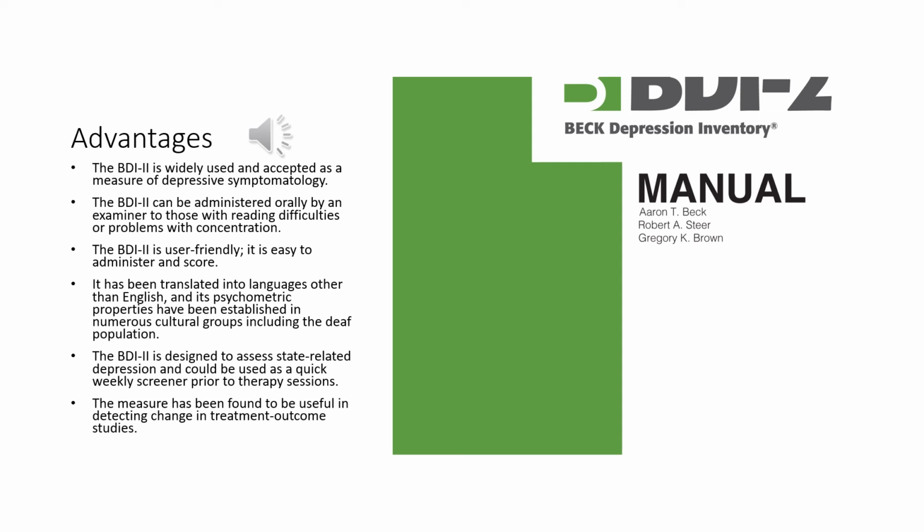It's translated into multiple languages other than English. BDI-2 is also designed to assess state-related depression and could be used as a quick weekly screener prior to therapy sessions, which is quite convenient for psychotherapists. And the measure has been found to be useful in detecting change in treatment outcome studies.